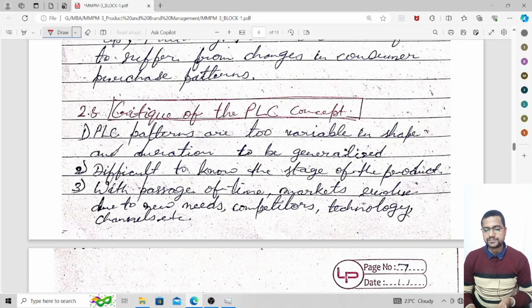Third one, with the passage of time markets evolve. So that's why we cannot take for granted that product will go from introduction to growth to maturity to decline. It may be possible that during any one of these stages, there is change in the market.